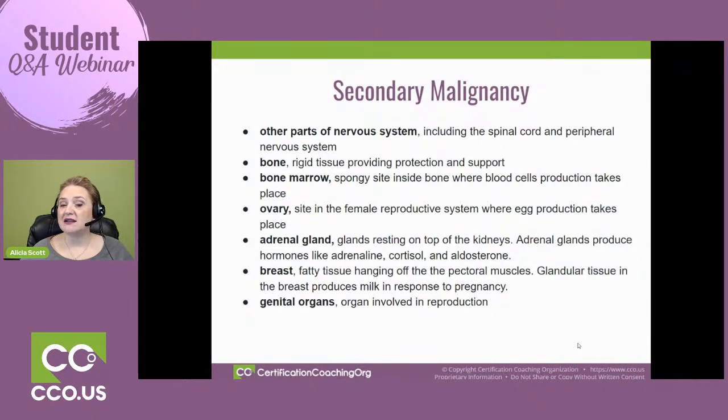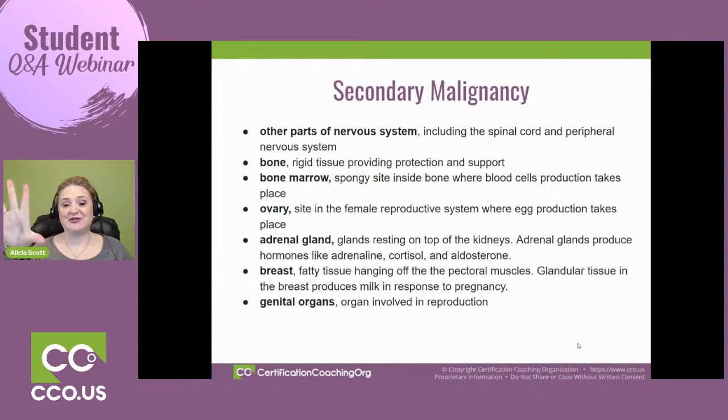Make note of that, especially when you're being tested, because the verbiage in the description looks different or looks similar. And so know that if a person has cancer of the spinal cord, that's nervous system, but of the spine, that's bone cancer.